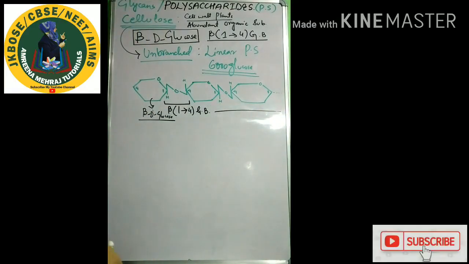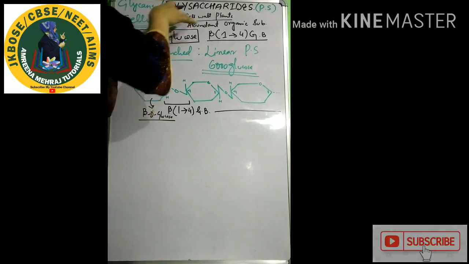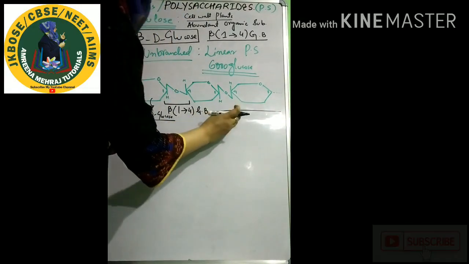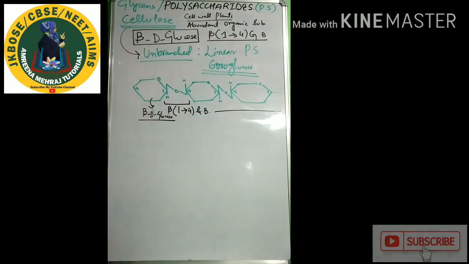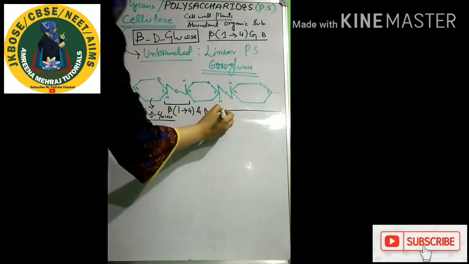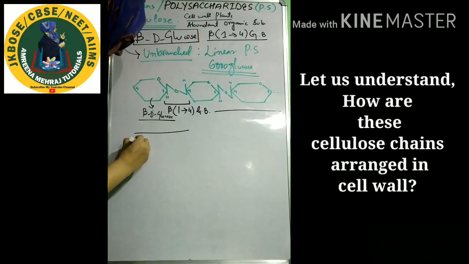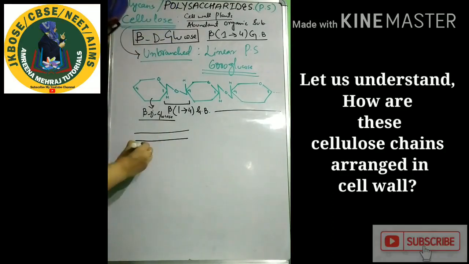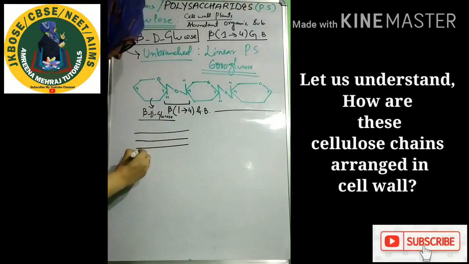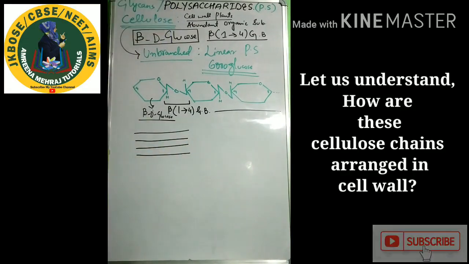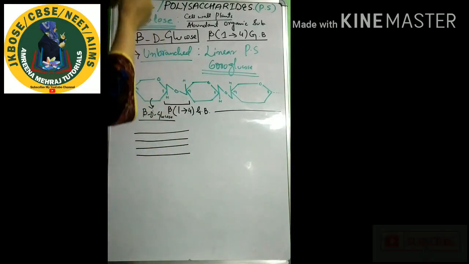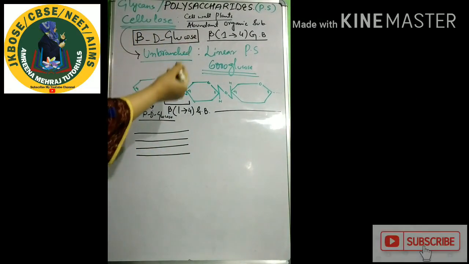Now, as far as the cellulose which is there in the cell wall, there is a proper arrangement of these cellulose chains. Now, you will see, suppose this is one cellulose chain. This is another cellulose chain. This is another cellulose chain. This is another cellulose chain. Observe these cellulose chains at different locations.